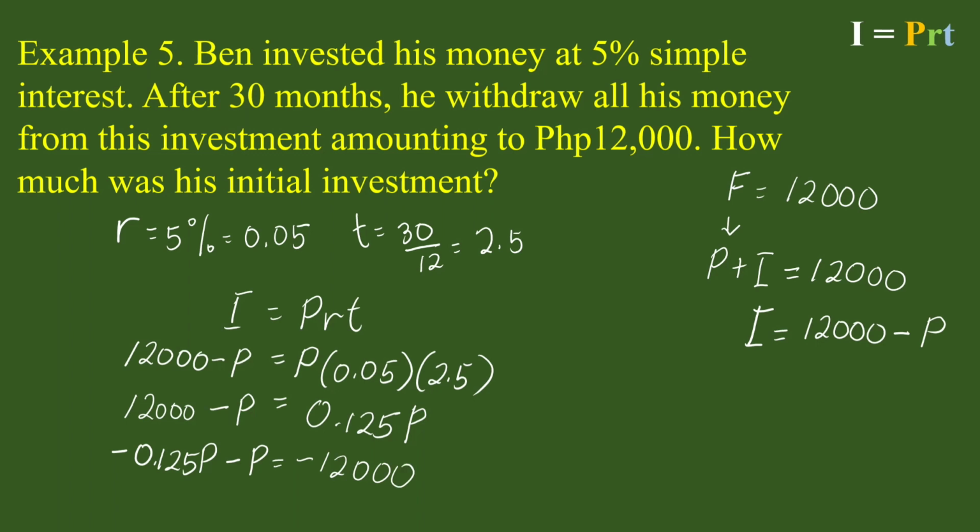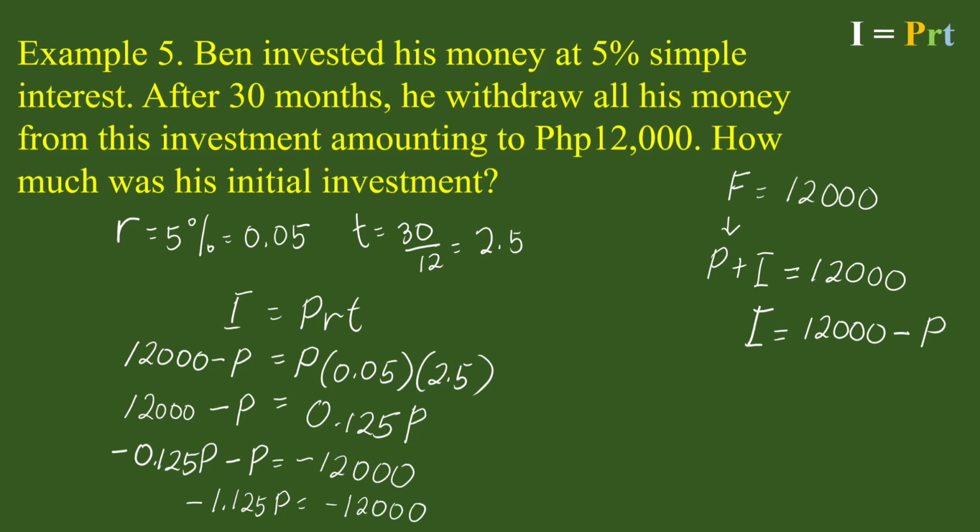Alright? So, pinagsama natin sa left side yung letter P, yung may mga letter P na variables. Okay, so combine natin, negative 0.125 at saka itong P na to. Ano ba coefficient ng P dito? Diba 1? So, negative 0.125 minus 1P. So, that would give us negative 1.125P equals negative 12,000.